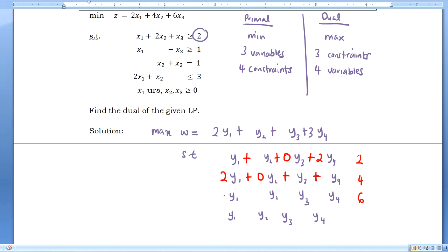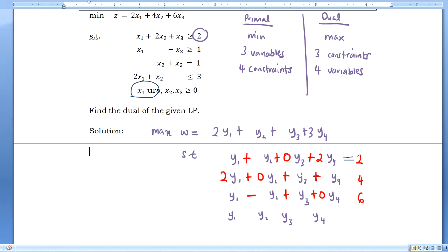Okay, the coefficients are 1, -1, positive 1 and 0. Okay, now let's write the sign of the first constraint. The sign of the first constraint depends on the sign of the first variable. The first variable is URS, so therefore the sign of the first constraint is equal.